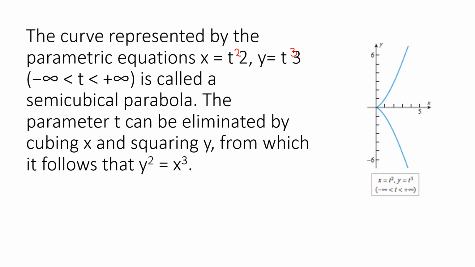The two branches meet at the origin as presented in the graph, which corresponds to t equal to 0 in the parametric equations. This is a singular point because the derivatives dx over dt equal to 2t and dy over dt equal to 3t squared are both 0 there.